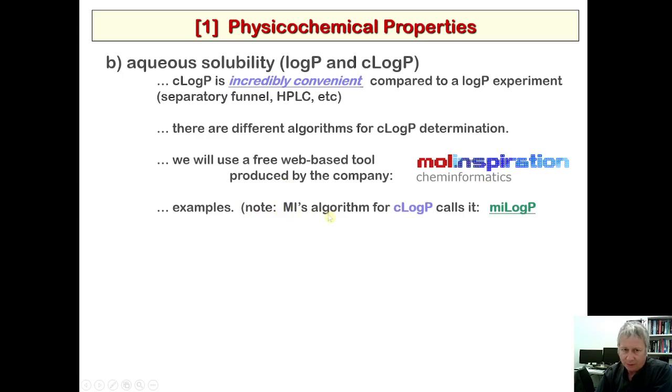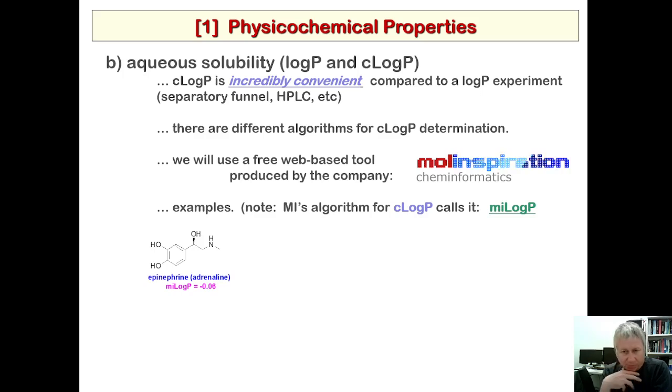Their algorithm takes C log P, and they call it MI log P for Molinspiration. It's a slightly different variation, but it's a reasonable calculation. They look at the chemical structure, and each of the parts of the chemical structure can be added up to make this value. So epinephrine, also called adrenaline, they calculate MI log P as negative 0.06.